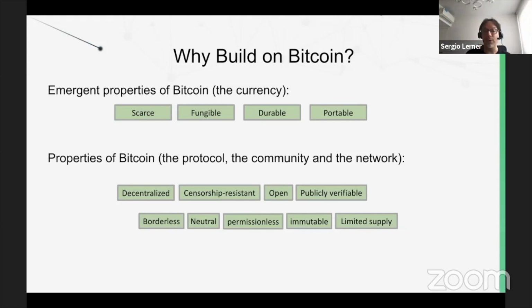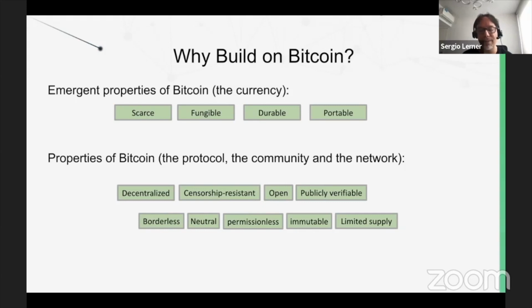It needs to be borderless, neutral, permissionless, immutable, and of course, it needs to create a limited supply of the native token. And the Bitcoin protocol is very conservative. It tries to achieve all these properties in a very conservative way. If you try to make Bitcoin more private, then probably you will have to make a trade-off on one of these other properties, right?